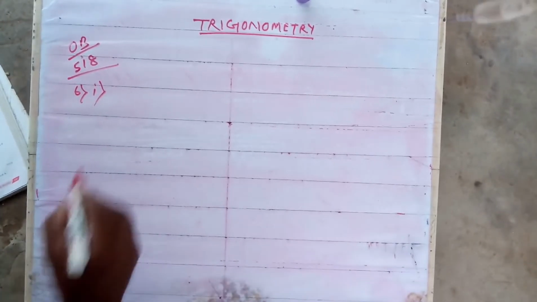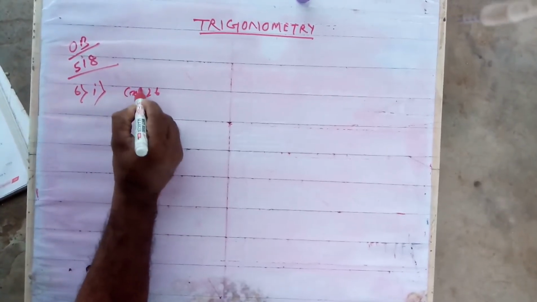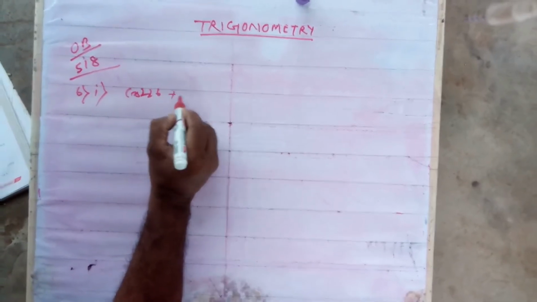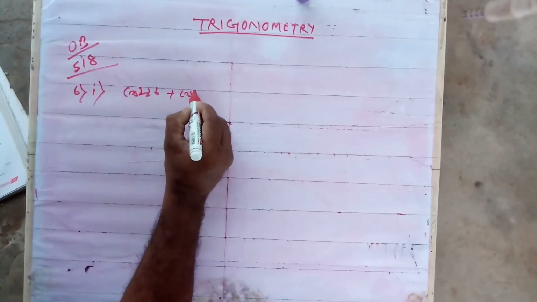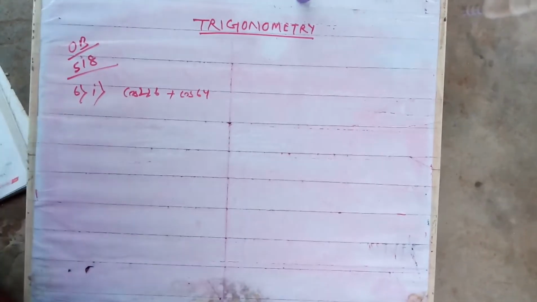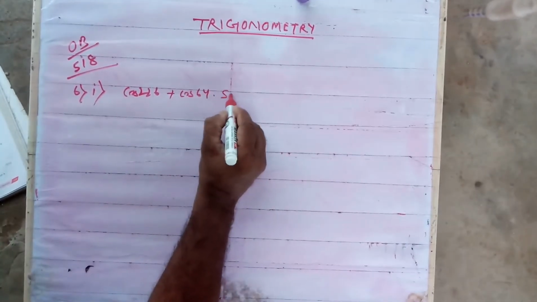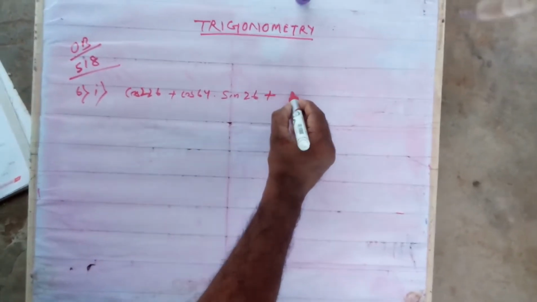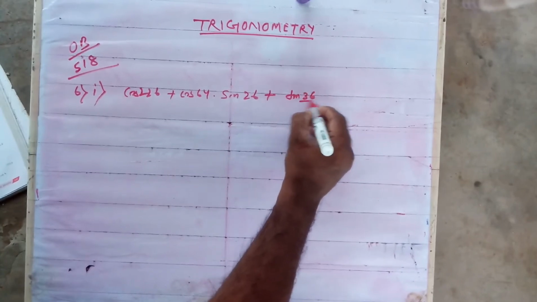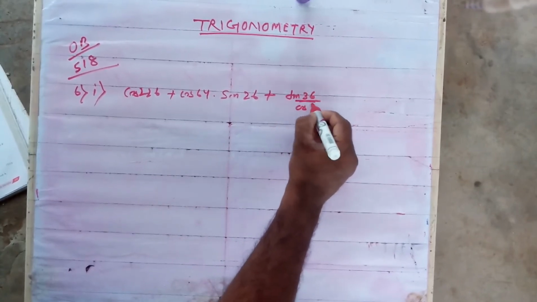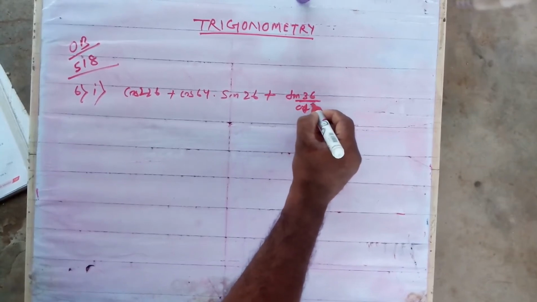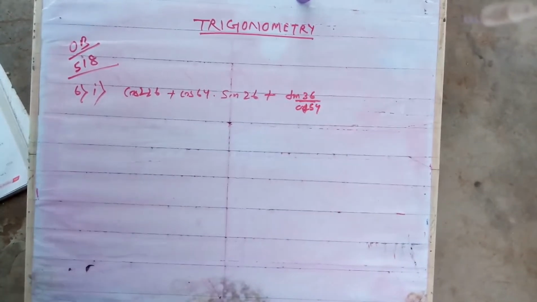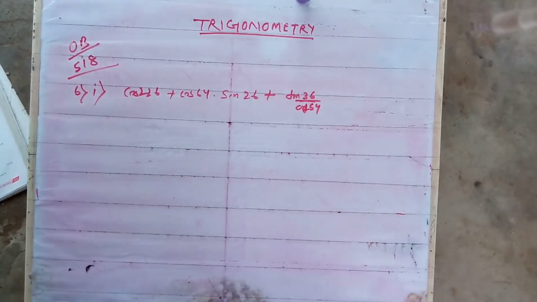The question is: cos square 26 plus cos 64 into sin 26 plus tan 36 by cot 54. Find the value. Evaluate without using any trigonometric table.